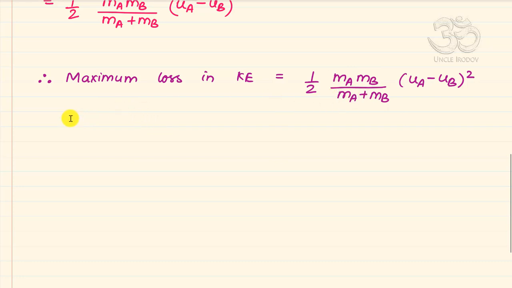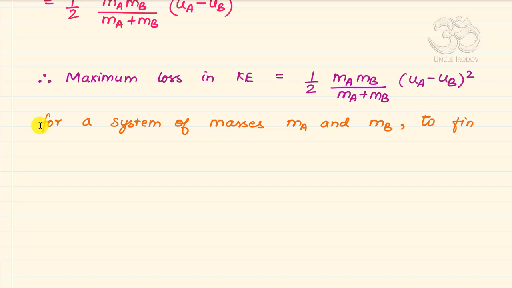So for a system of masses A and B, masses MA and MB, to find out certain properties of the system, and these may include, if these two masses are attached with the help of a spring, and I'm interested in what is the time period of their oscillation, or maybe if I'm interested in the total angular momentum of maybe two stars which are going around their common center of mass or something.